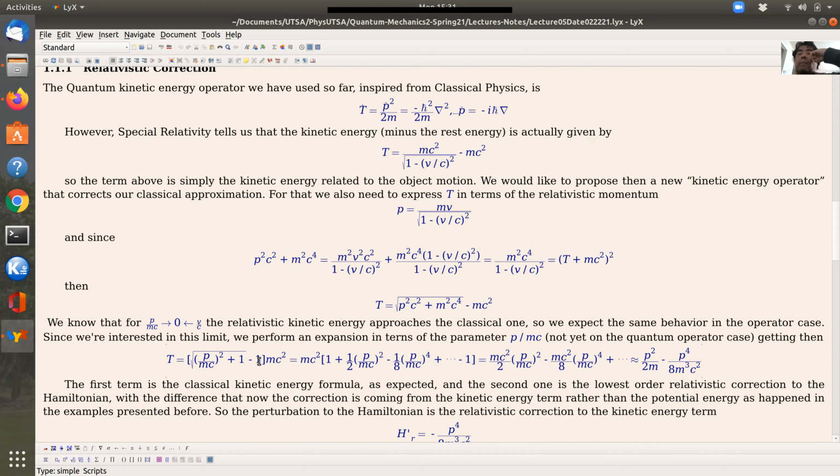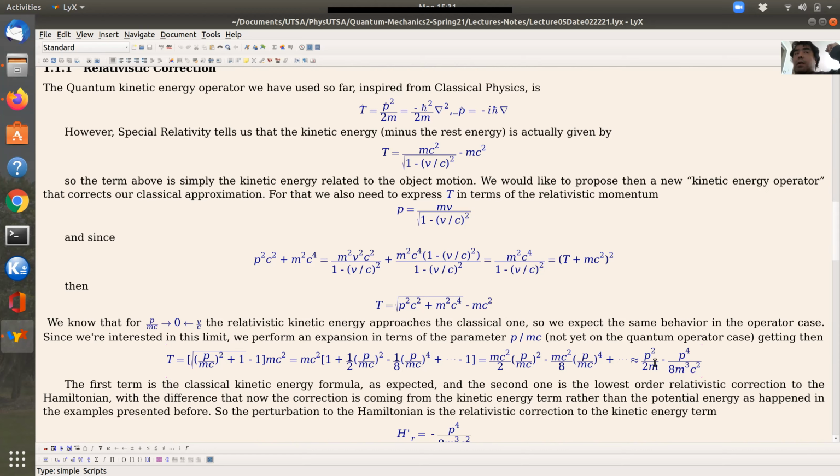And you have to remember that after you factorize, you have to take a difference minus 1 over here. So this term will go, which makes sense. And further on, if you multiply by mc squared outside, this is the first term coming from this expansion, then the second term, etc.